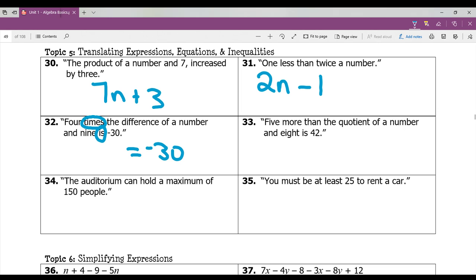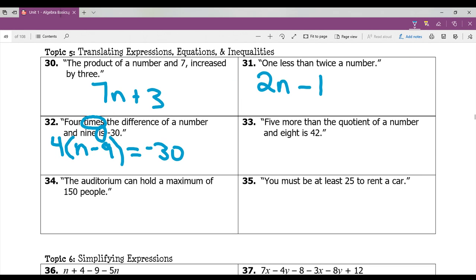But notice it says times the difference of a number and 9. So this is the difference part. The difference of a number and 9 means I take a number and subtract 9 from it. And then based on what it says, I have to multiply everything there by 4, because it's 4 times the difference of the number and 9. I gotta multiply that whole difference by 4.